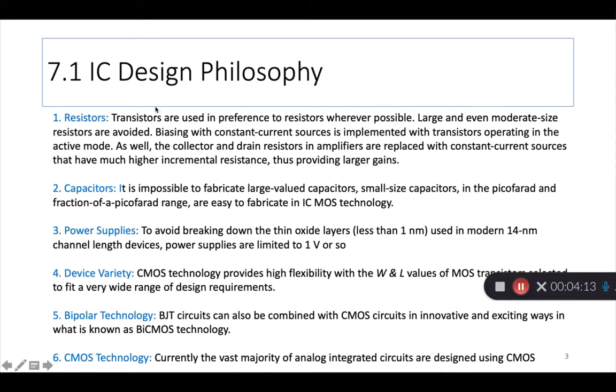What I found is there are 6 main items under this topic 7.1. This particular slide I got from the 7th edition of our textbook. The 6th edition doesn't do a very good job of introducing IC design philosophy, but they've rewritten the topics in the 7th edition, so I stole from there.